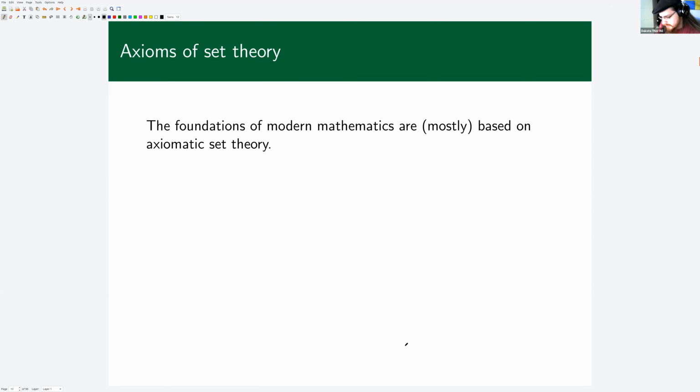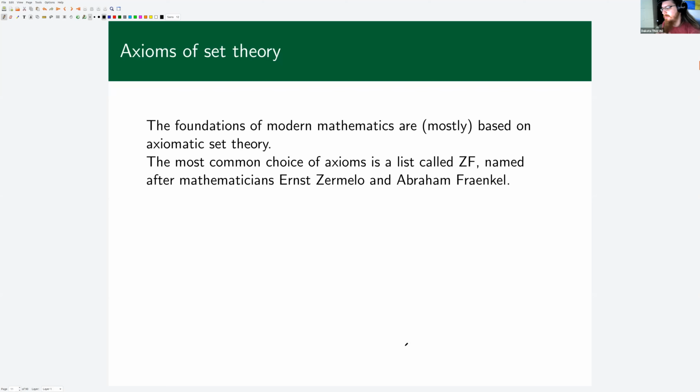And again, there's no one honest to goodness, God-given, correct set of axioms. We've agreed on some, basically through trial and error, on which ones are good and which ones are bad. And the most common choice would be a list of axioms that has a name. It's called ZF, for Zermelo-Fraenkel axiomatic set theory, named after these mathematicians who did a lot to develop it.